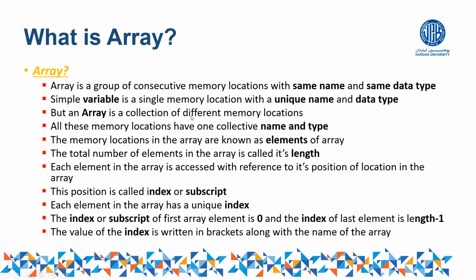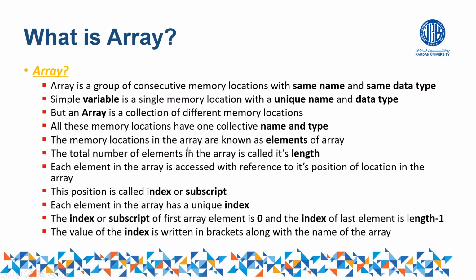For example, if there are 10 consecutive memory locations allocated for one array variable, then all these memory locations must have one name and one data type. All these 10 elements should store only integer if the type is integer. Similarly with the name as well. So it has a unique name and a similar data type.